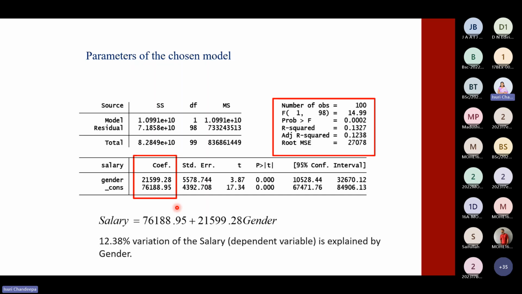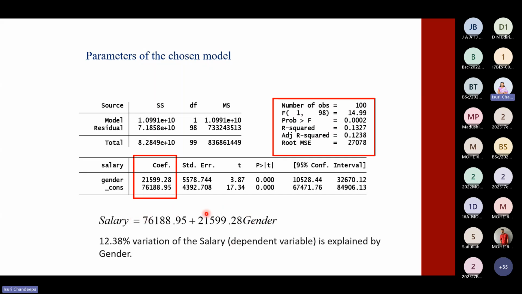Salary equals constant beta 0, 76,188.95, plus the gender coefficient. How much is it? 21,599.28 for gender. That means, if we change gender, what happens to the salary?